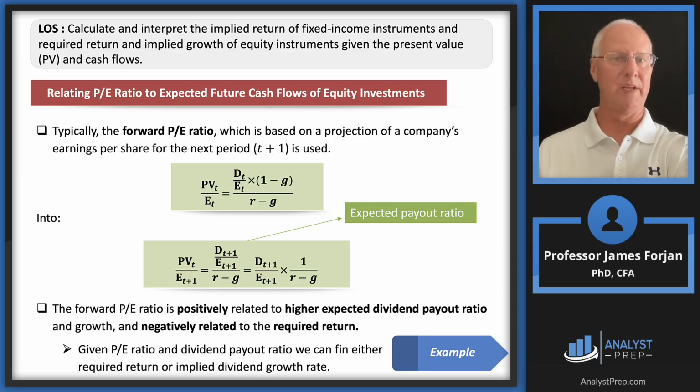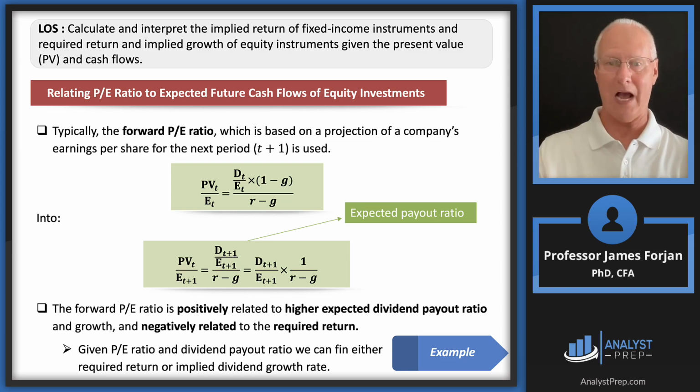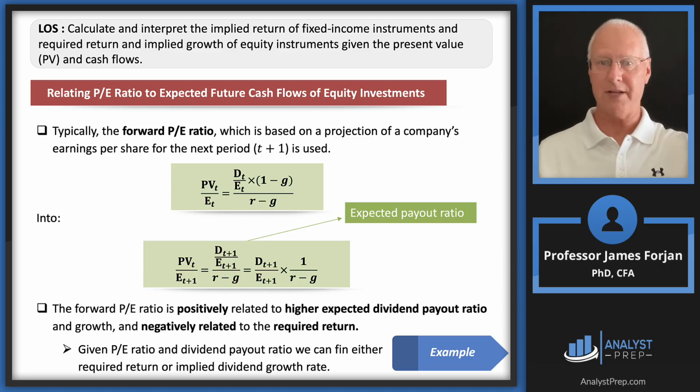And notice we have in the green box over there the expected payout ratio. So instead of the current payout ratio, which is current dividends divided by current earnings, we just substitute the T+1 subscript in there. Everybody see that in the two green boxes? So look at the bottom box down there.